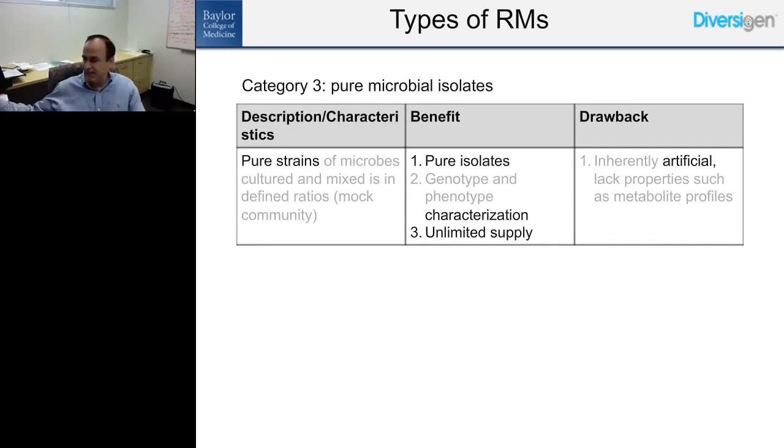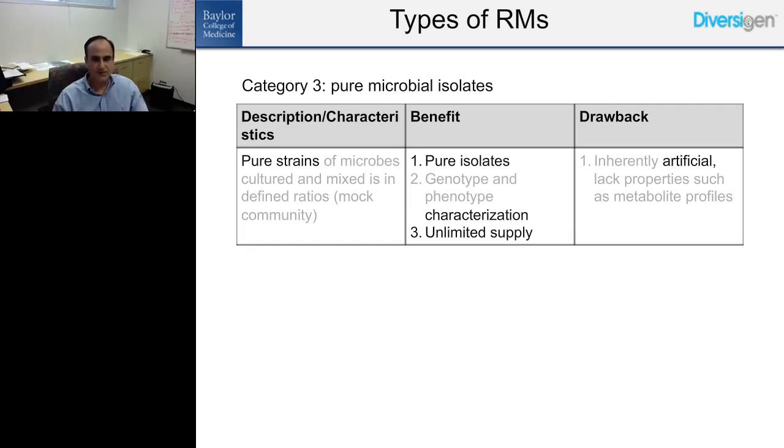So then the third category would be pure microbial isolates. As the name indicates, these are pure strains of microbes that you buy from vendors at ATCC levels. The benefit is that with pure isolates, you know exactly what is going into your reference material, and it should be well characterized.